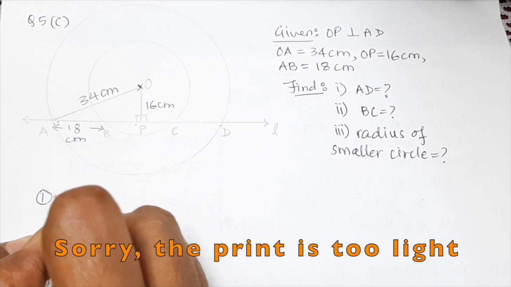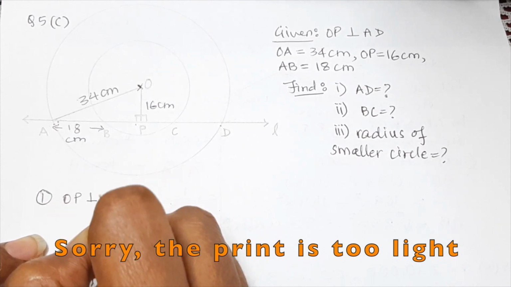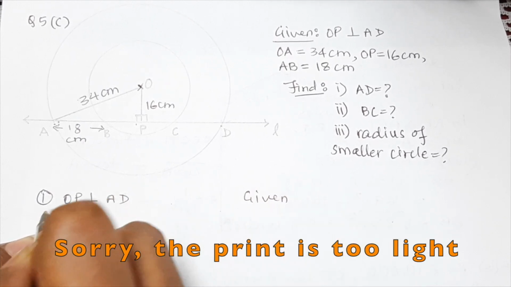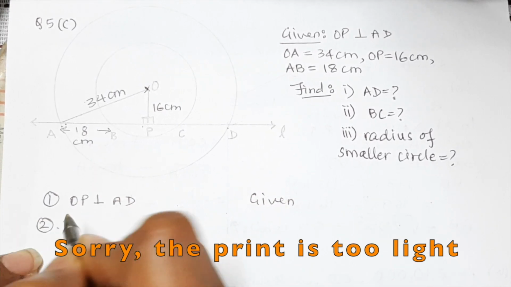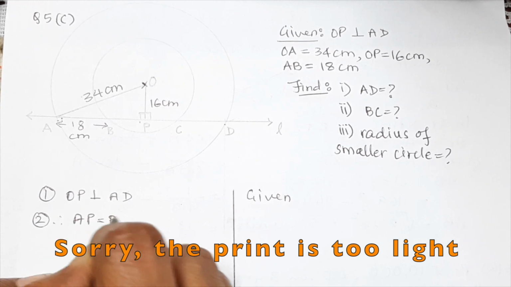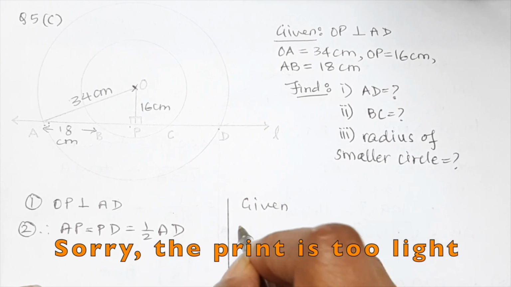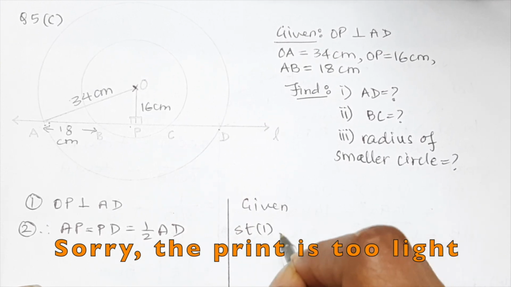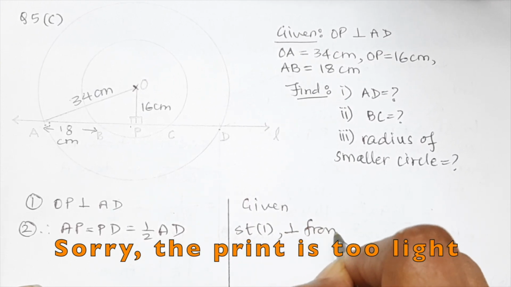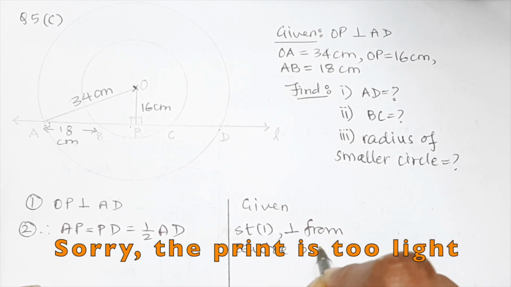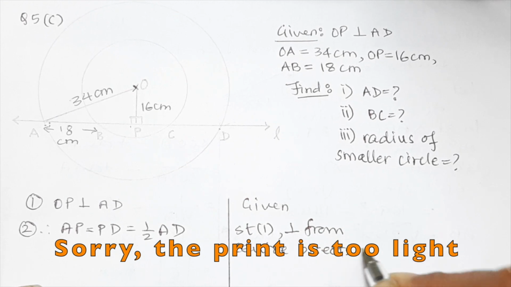We will say that OP is perpendicular to AD, and that is given. Statement number 2, therefore AP equal to PD equal to half AD, and this will be from statement 1 as perpendicular from center bisects the chord.